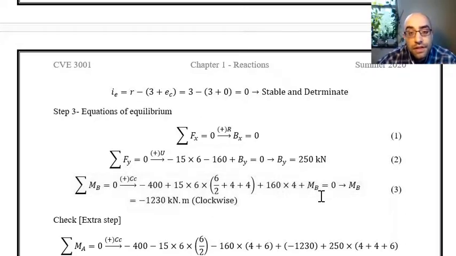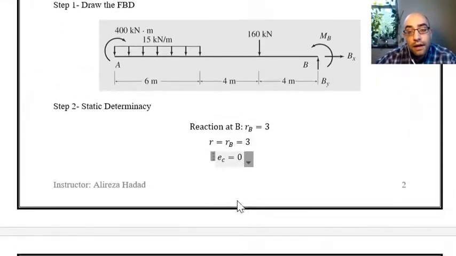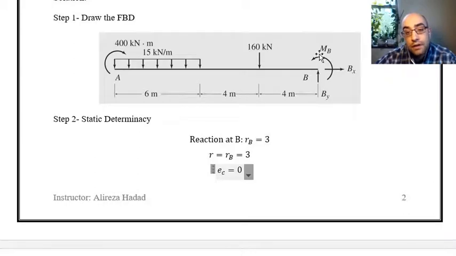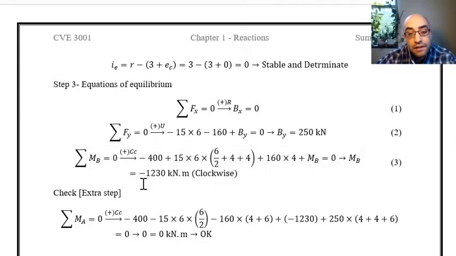The only unknown is MB, and if I solve the equation, we can see the value will be negative 1230 kilonewton meter. When it is negative, it means that my assumption was wrong, and the moment over here is actually clockwise instead of counterclockwise. That is the meaning of this negative sign.